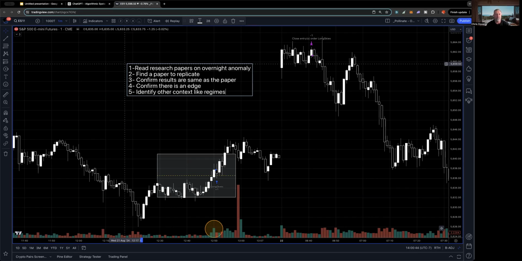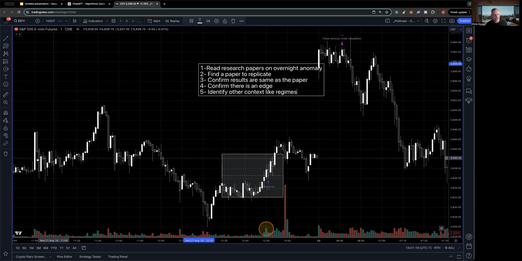So identify other contexts, like regimes is a good example. The next thing is something that gives me a clue that maybe price is going down, but let's say VWAP, volume weighted average price, is higher, or something gives you a clue that, even though the price is down, it's been a good day all the way up until here.